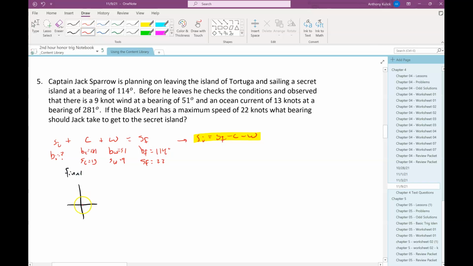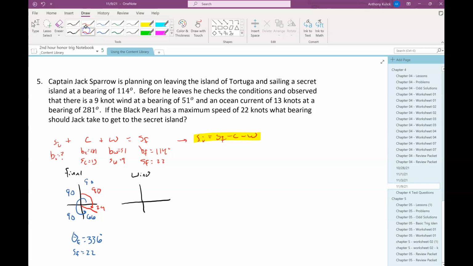So my final, I'm going to have a bearing of 114. So that's 90 and 24. So the standard position angle for that is 90, 90, 90, and then 66. So that's going to be 336. And we'll do the wind.